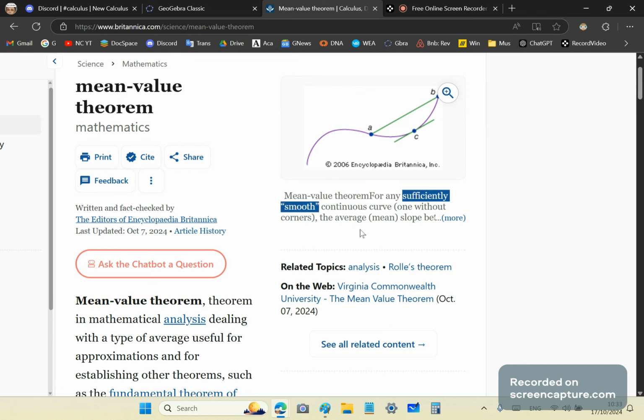It's not sufficiently smooth, and continuous is redundant. It's just for any smooth curve, and sufficiently is an adjective that doesn't really belong there because it's either smooth or it's not, and it has to be smooth at every point in a given interval. Okay, so let's see what it states.